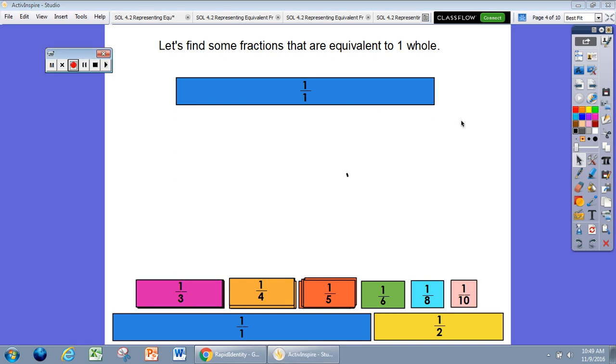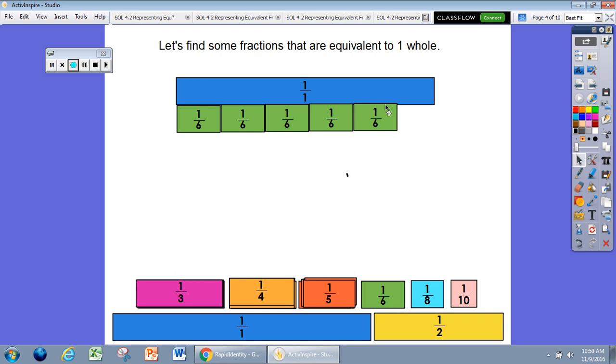Now you may have picked a different fraction to build another whole, but I'm going to pick 6. I think 6/6 will be equivalent to one whole, but let's try it. Here's 1/6, 2/6, 3/6, 4/6, 5/6, 6/6.